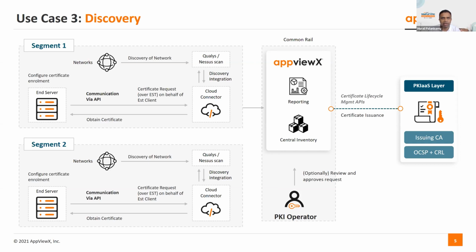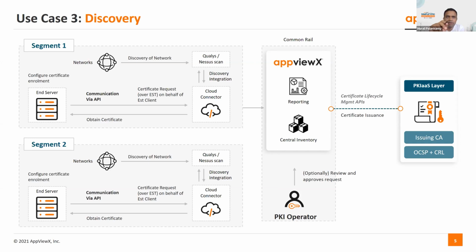If you have separate monitoring rails, it can sit and look at all the endpoints and discover, or it can integrate with your existing scanners, whether it is Qualys, Nessus, Rapid7, whatever you're using there. AppViewX has integration with it where it can go pull the data and assimilate the data, rather absorb the data, and use that for enrollment.